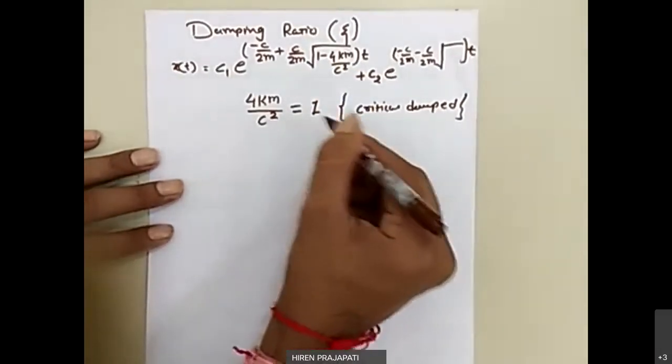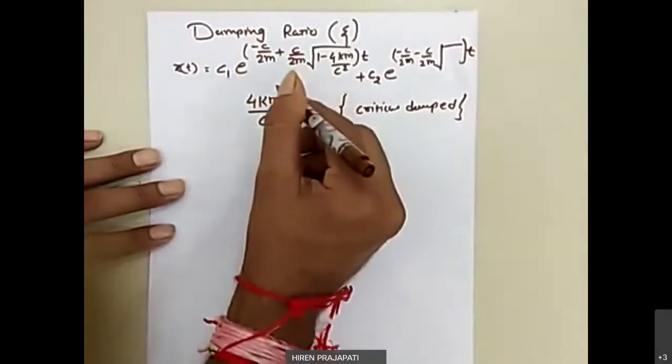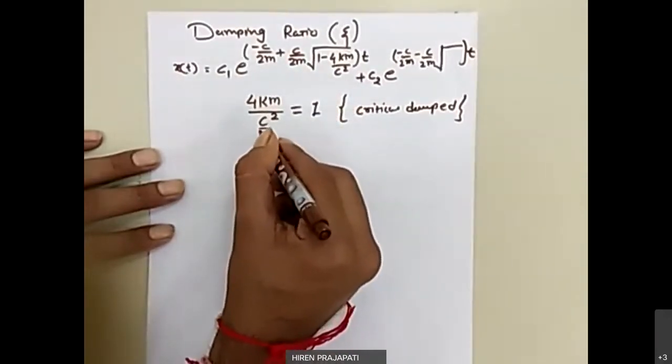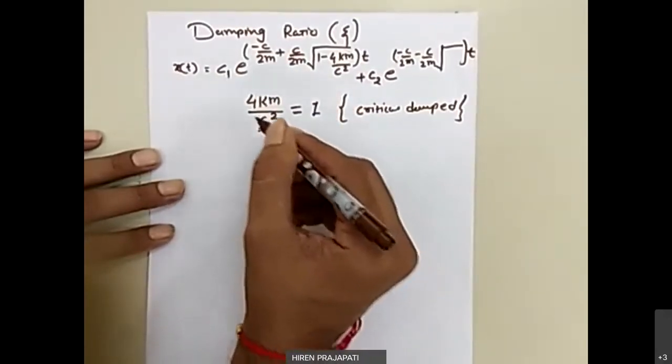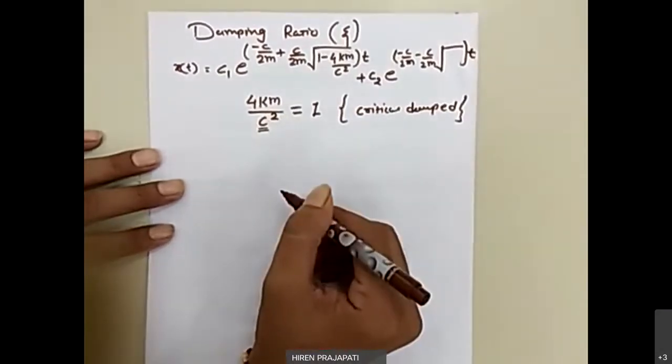And when this equals 1, then this C, which is the damping constant, is called the critical damping constant, right?